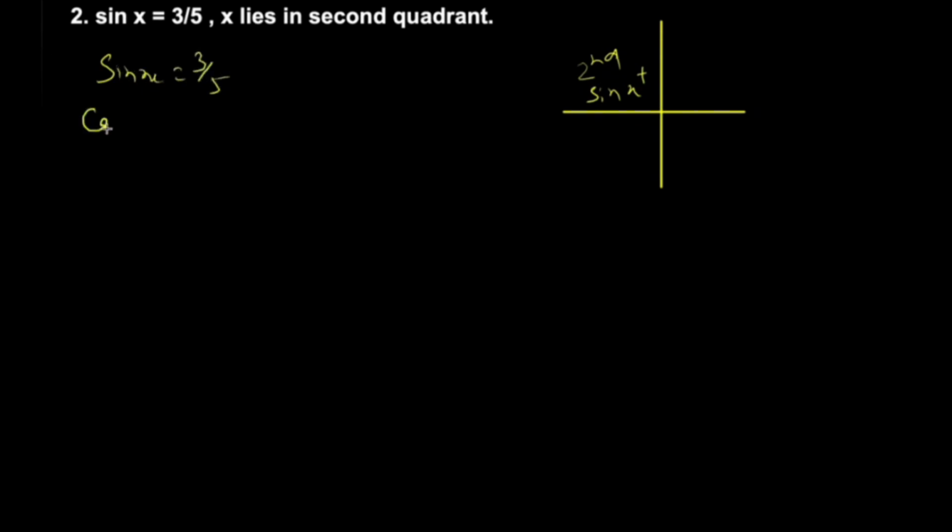This implies cosec x equals 1 upon sin x, which is nothing but 5 by 3, just opposite to that, right?